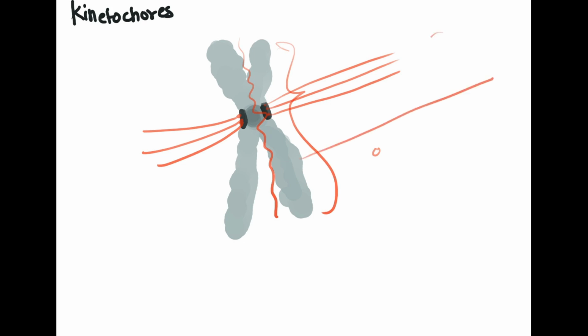Mitotic spindles pull apart the sister chromatids in anaphase, so there is a separation of the sister chromatids, and then a movement of the chromatids toward the ends of the cell.